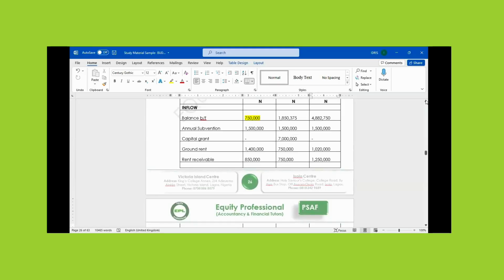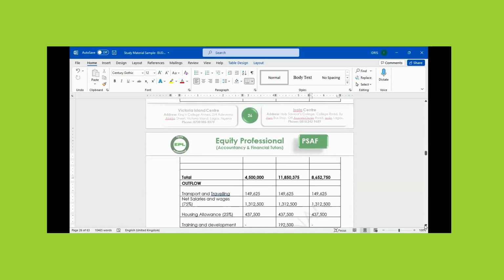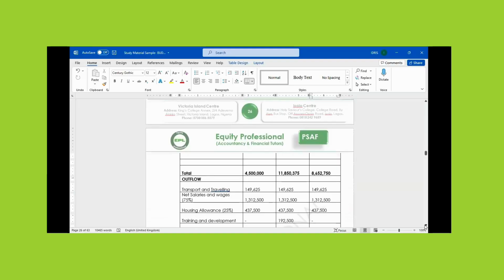You can cross-check that with your calculator. Do we understand? Yes, sir. That is the total inflow.